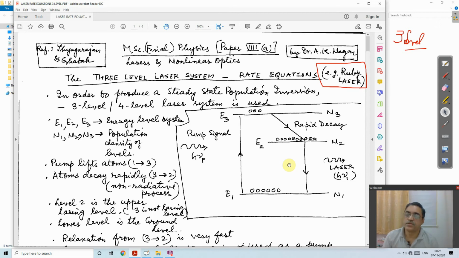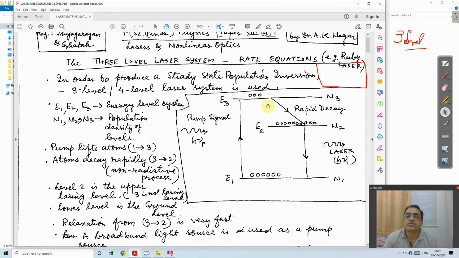Let nu1 be the frequency of that signal, which lets the atoms fall to the ground level, and a coherent radiation of frequency nu1 is emitted.